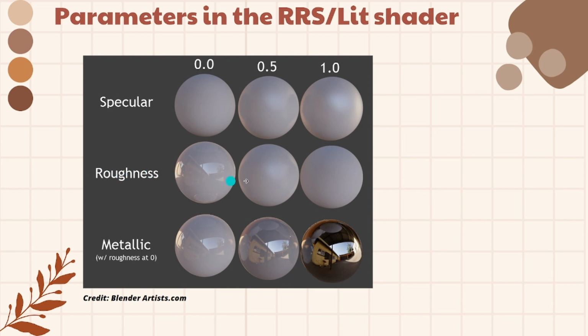But if you dial your smoothness all the way up, it looks shiny, but it kind of looks like shiny car paint, right? It's reflecting the world around it, but not perfectly. Whereas metallic dictates how much raw reflection ends up in your material. Like how much does it look like metal?